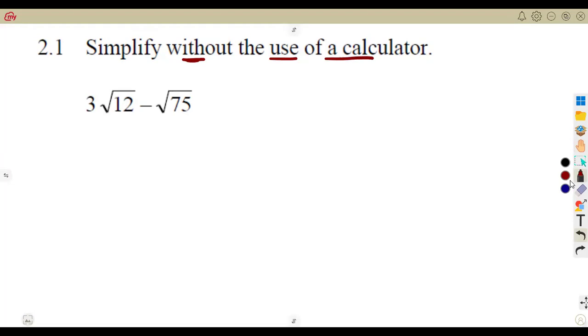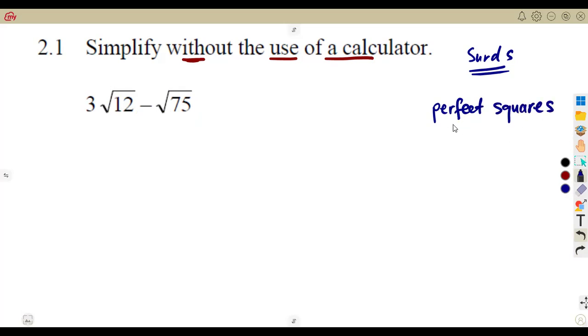Consider the first number that we are given. This is 3 square root of 12. Under the surds, we do understand that we are supposed to have our numbers in simplest form. The number under the square root is supposed to be in simplest form. So how can we obtain the simplest form? Just consider the perfect squares in the numbers under the square root.